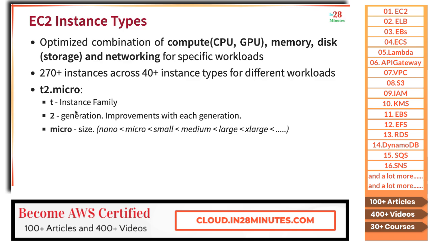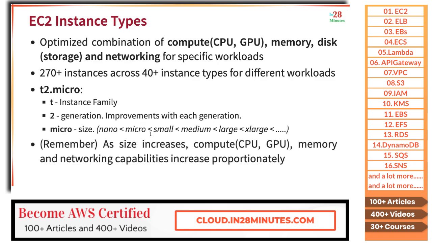The next one is micro. Micro in here indicates the size. So how much CPU, how much memory, how much storage. There are different sizes which are possible: nano, micro, small, medium, large, and extra large. You'd see that as the size increases, so as I go from micro to small, small to medium, you'd see that the compute, memory, and the networking capabilities also increase proportionately.